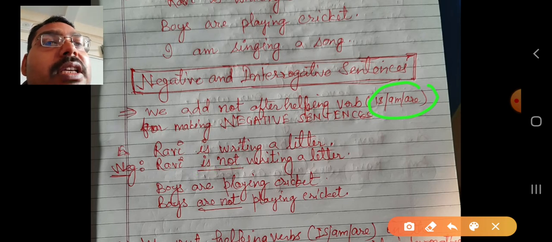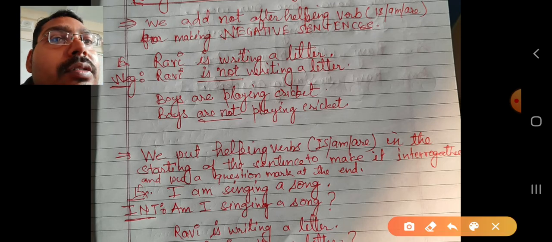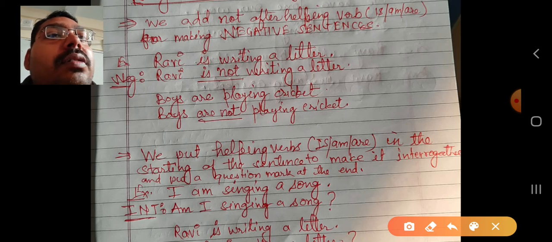Another sentence, boys are playing cricket, and you need to make it negative. How will you make it negative? Boys are, and right after are we add not. Boys are not playing cricket, and it will become a negative sentence.